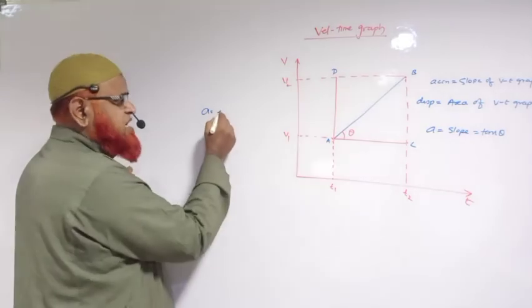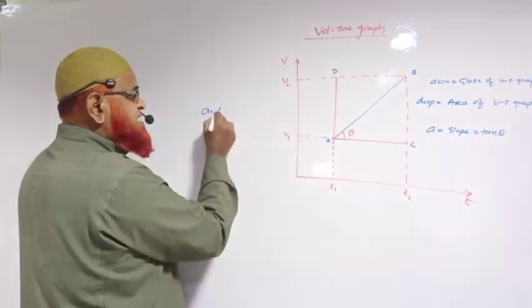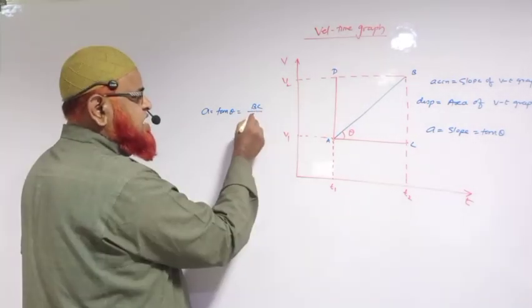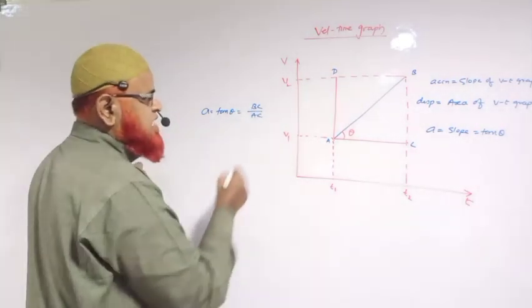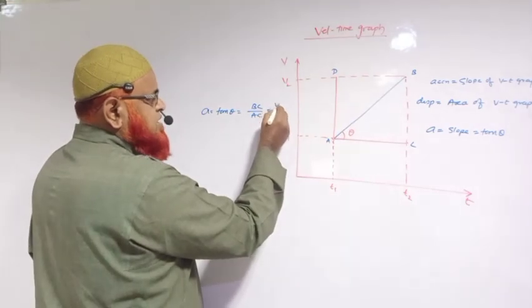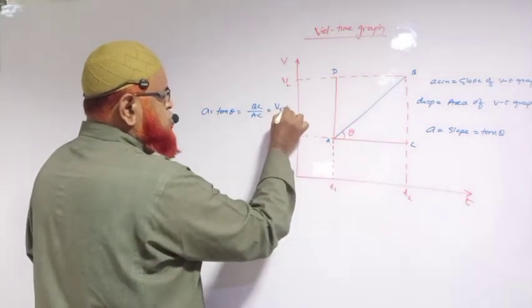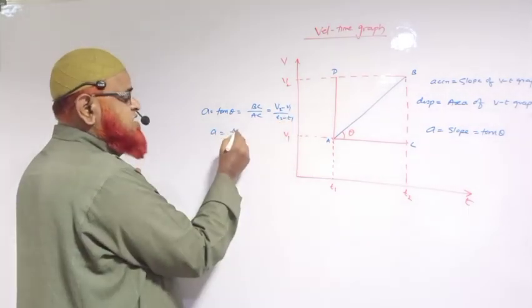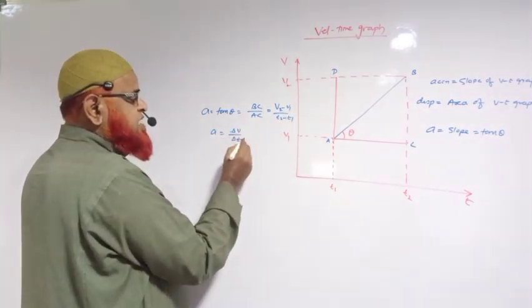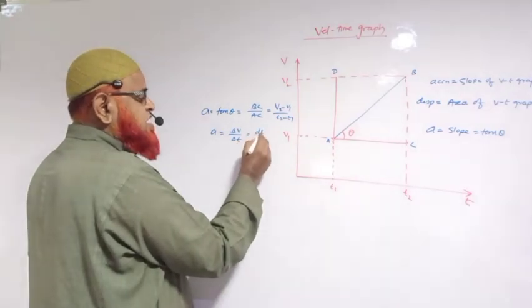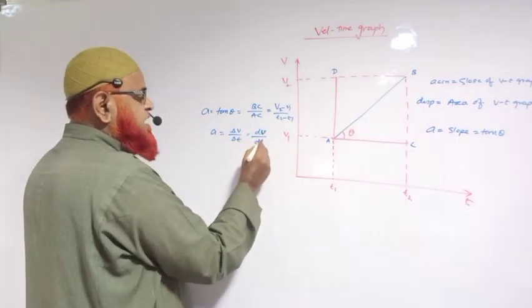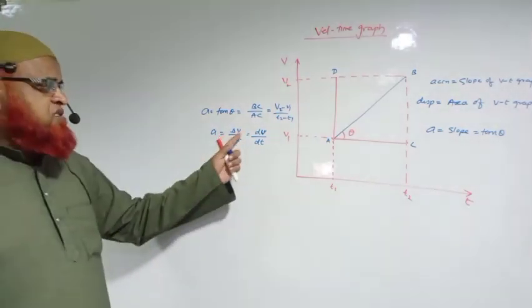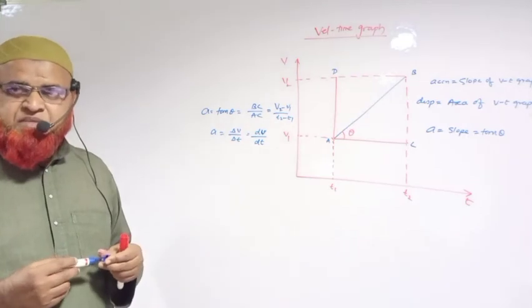So acceleration is equal to slope, which is tan theta, and tan theta is the opposite side BC over the adjacent side AC, where BC is V2 minus V1 and AC is T2 minus T1. Therefore, acceleration is equal to delta V by delta T. In terms of differentiation, you can write this as dV by dt. Okay? So change in velocity with respect to time is called acceleration.